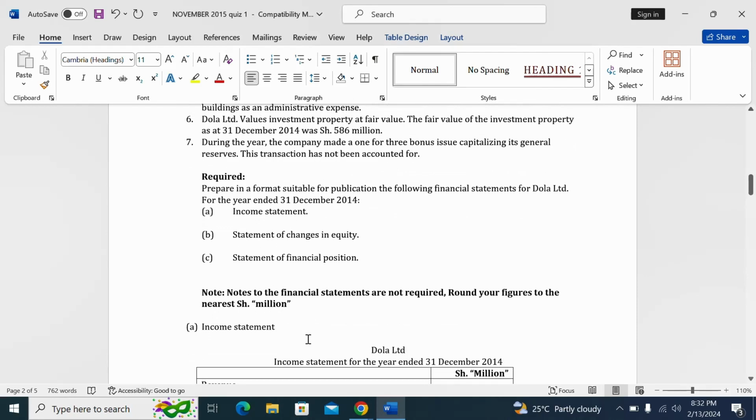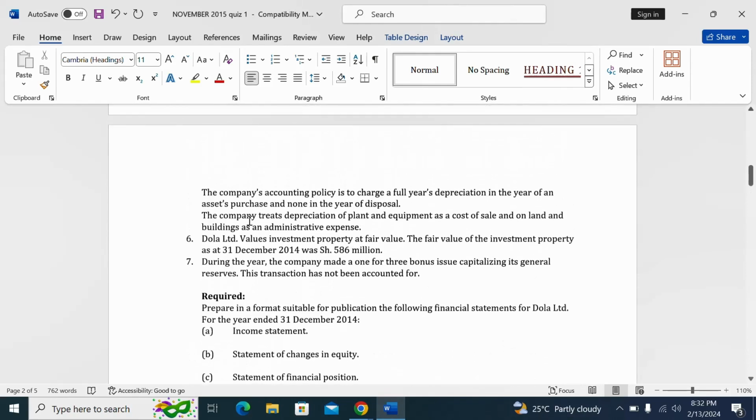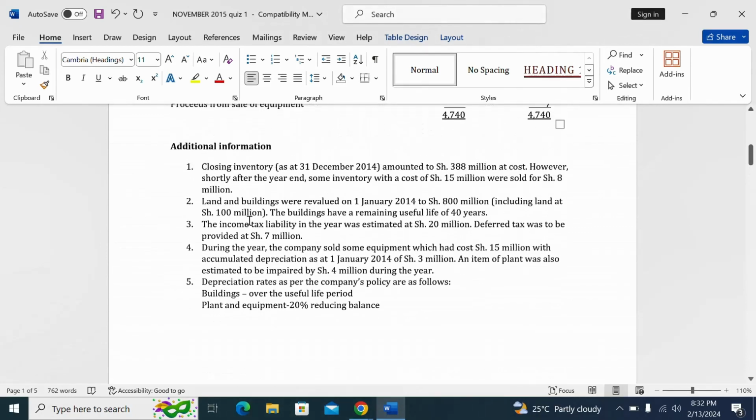Therefore, we are going now to start with our first requirement, the income statement. But before we do that, we must first go through the additional information and do the workings, so that we can come up with our income statement. We see which items in the additional information are affecting our income statement.